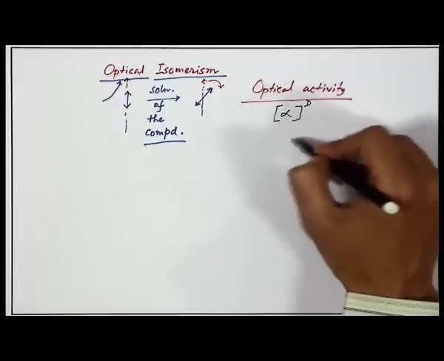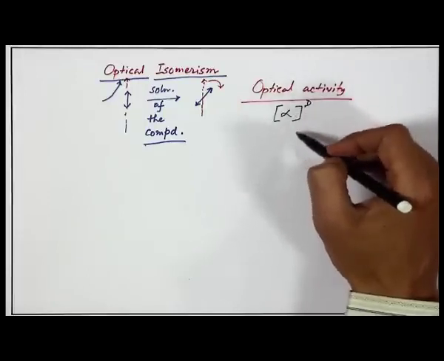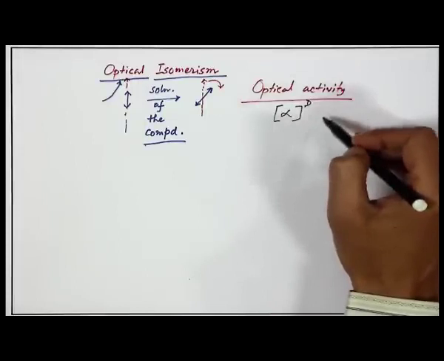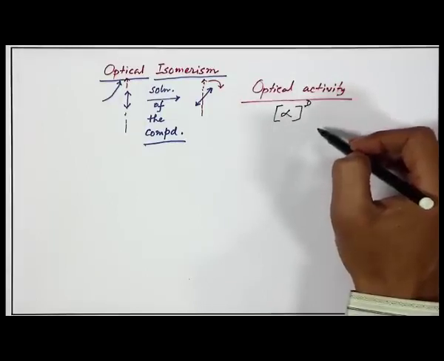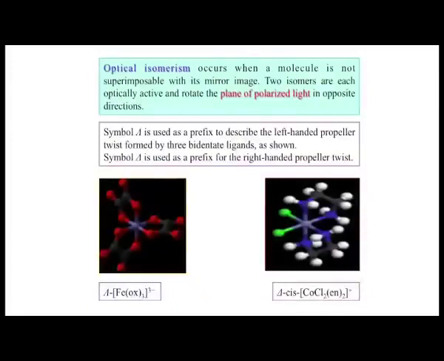So, the magnitude of this activity is related to the amount of rotation, and we report whether your coordination compound is optically active or not. We can have a situation where we rotate in opposite directions, but the nomenclature we introduced in the last class is capital lambda and capital delta.